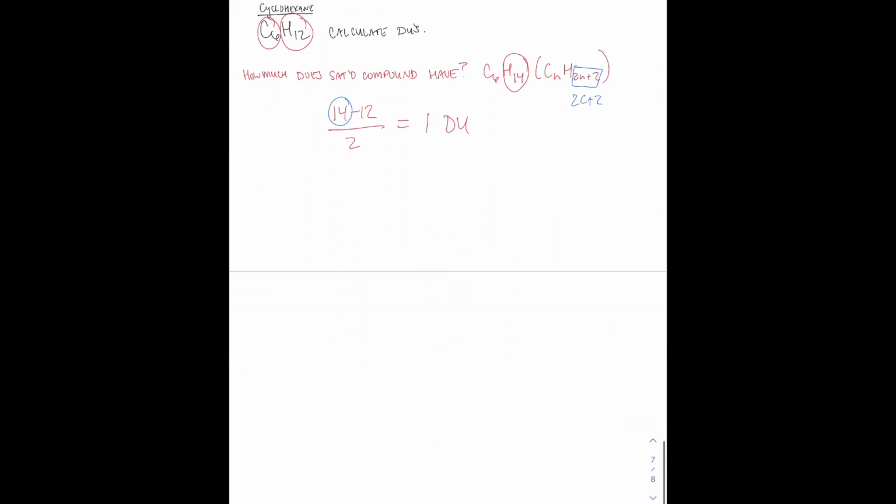Let's say we had a problem where we were asked to calculate the number of degrees of unsaturation. I'm going to make this up: C8, let's see, 4, 5, 6. Let's say this was our formula.